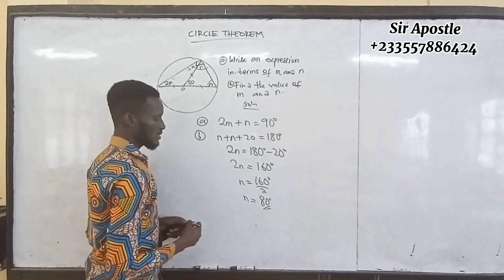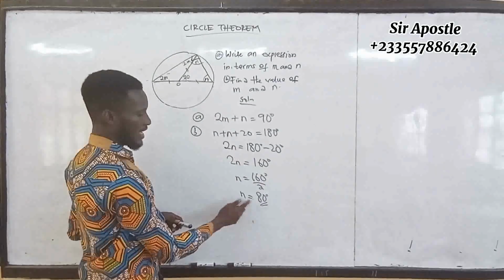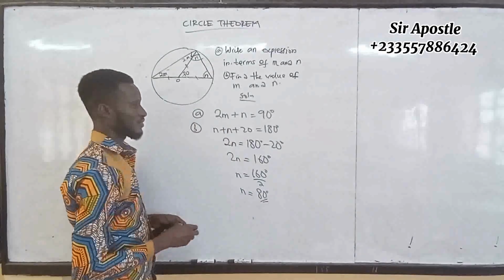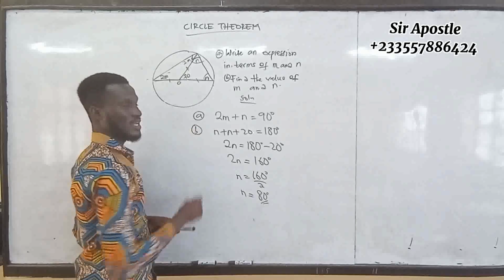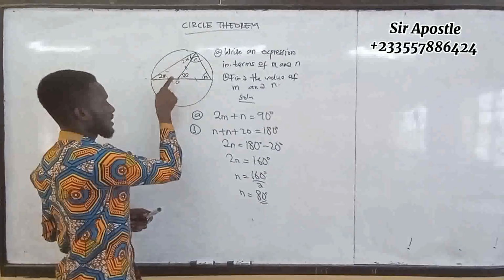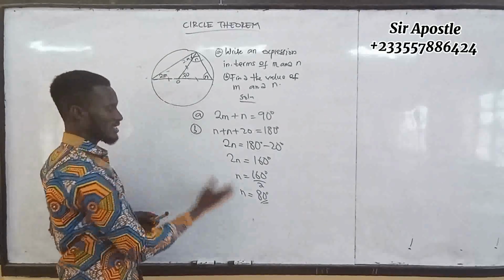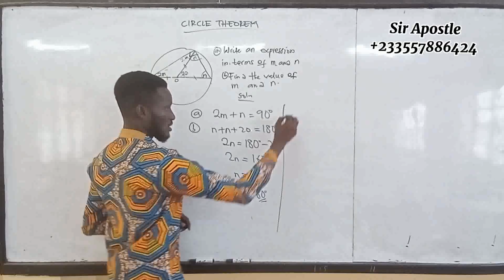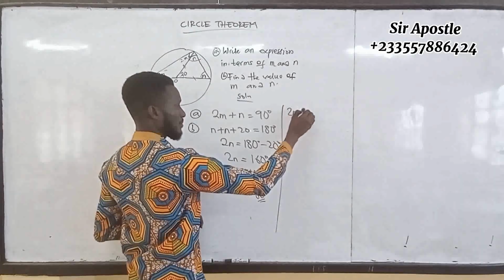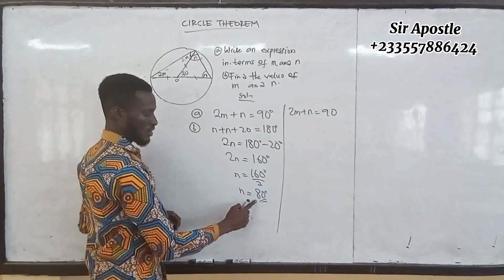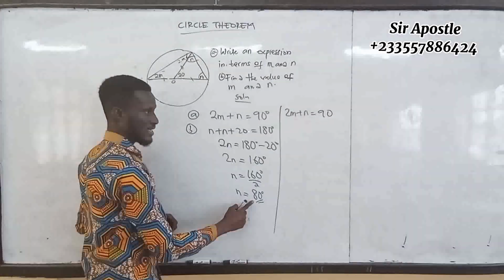Now since you've gotten n to be 80, I can put this into equation 1 to get the value of m. But I think this one will be simple. So we have 2m plus n is equal to 90. That is from our first expression. And we've gotten n to be 80.